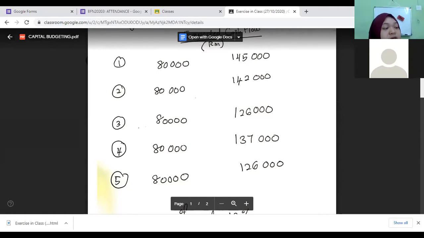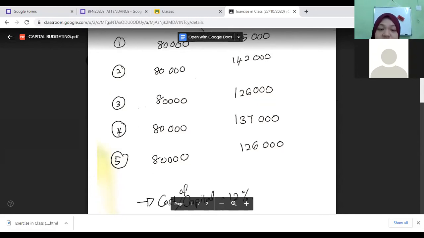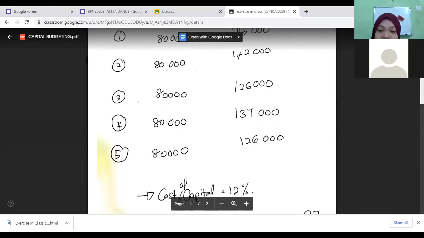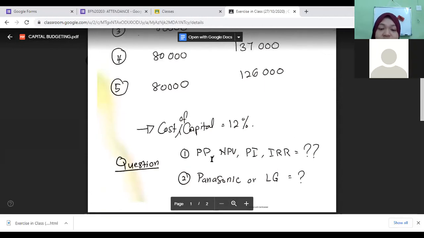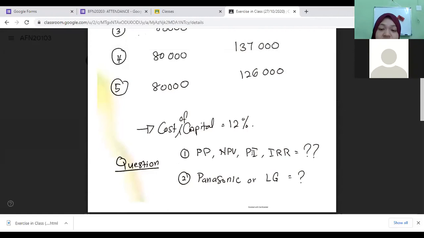But we just calculate all this manually, so we just calculate for even cash flow. So the question asks you to calculate payback period, net present value, profitability index, and IRR for Panasonic. You have to choose whether it is Panasonic or LG.